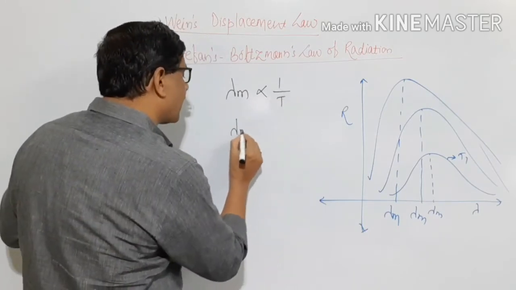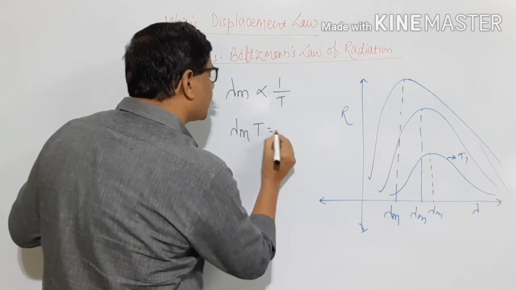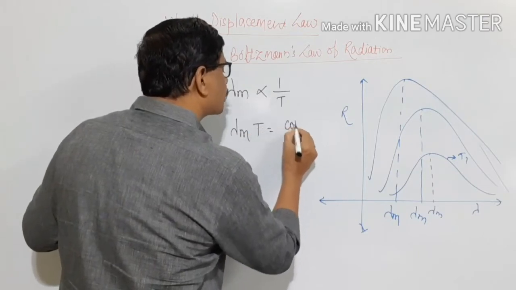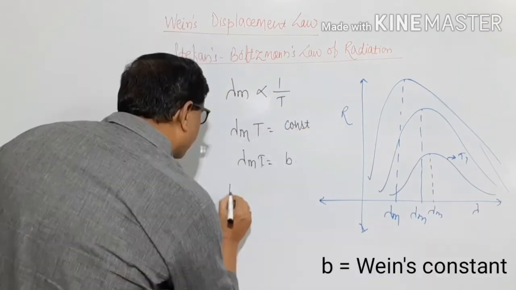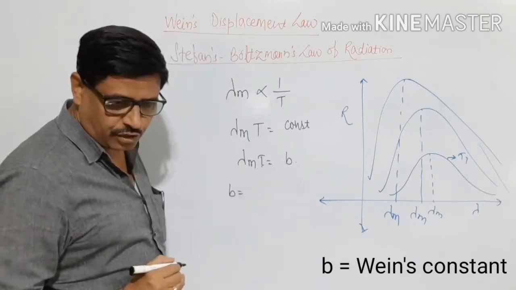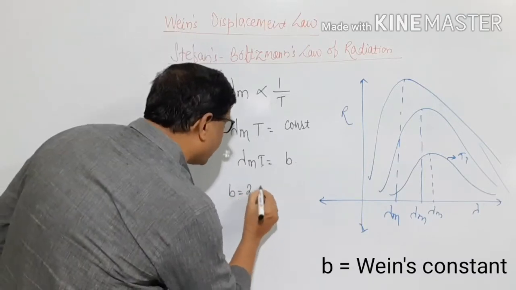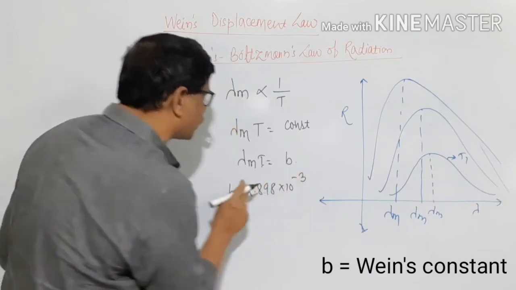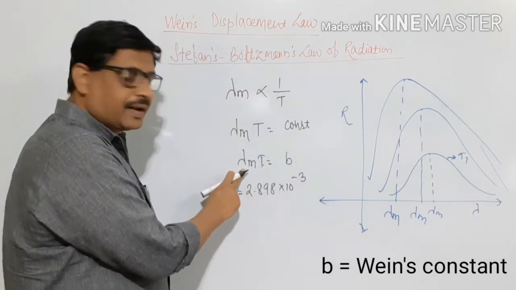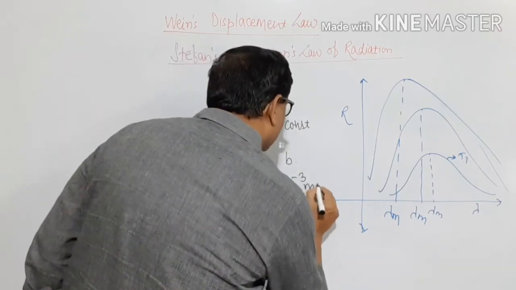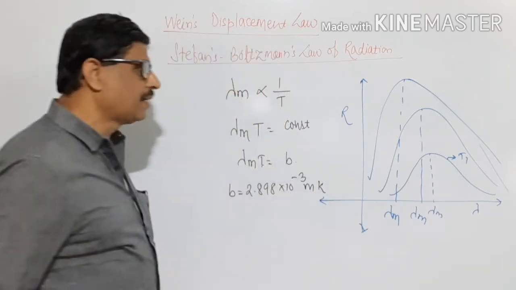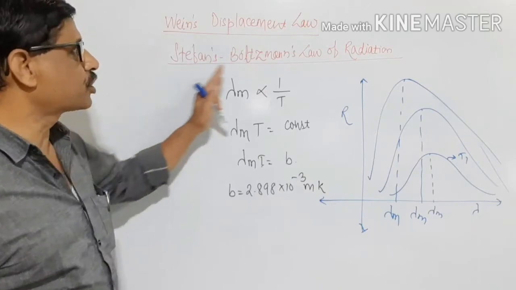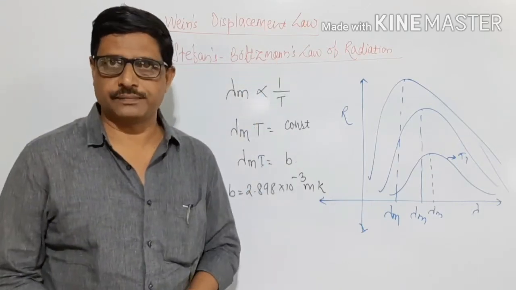Therefore, this lambda m into the absolute temperature is a constant quantity, and this b has a value of 2.898 into 10 to the power of minus 3. Lambda m, the wavelength, is in meters and the absolute temperature is in Kelvin. This is Wien's displacement law.